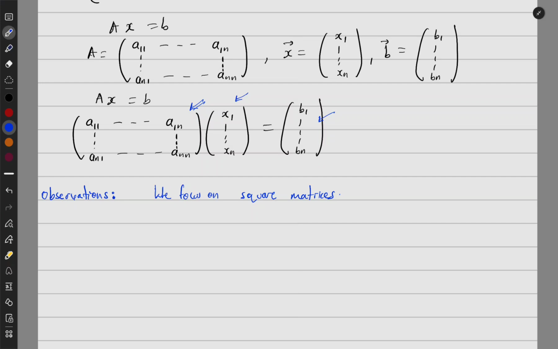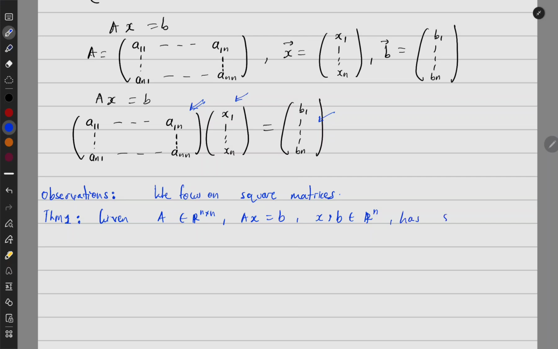Some of the theorems involved in this. Our first theorem when dealing with solving linear systems is: suppose we are given a matrix A in R^(n×n), an n by n matrix, and b in R^n.